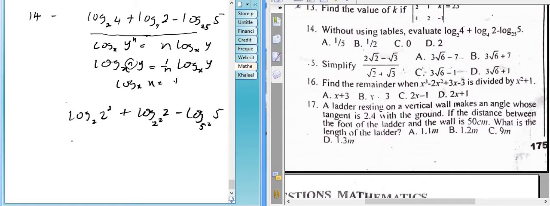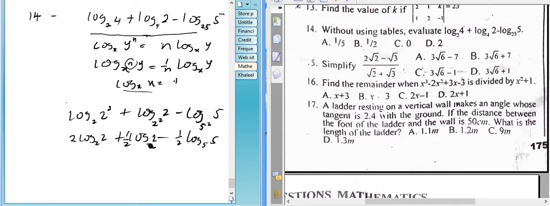Then from here, this one goes to the back: 2 log base 2 of 2, plus 1 over 2 log base 2 of 2, minus 1 over 2 log base 5 of 5. So according to this rule, log base x of x is equal to 1.